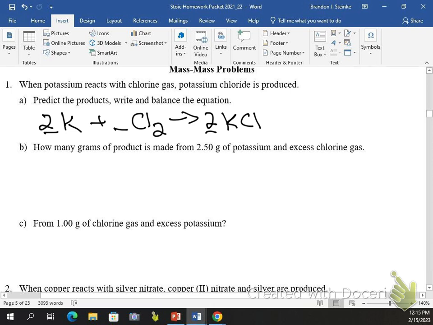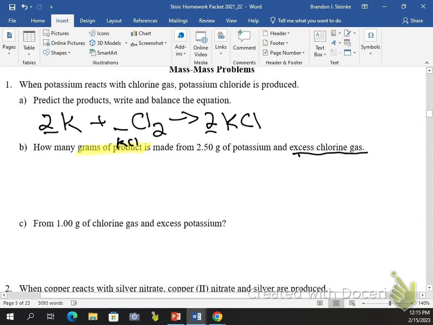Everybody good with that? Then letter B. How many grams of product? Well, what can I cross product out with? KCl is my product. It is made from 2.5 grams of potassium and excess chlorine. Now, y'all saw this on your baking example, right? And we talked about it for a second.